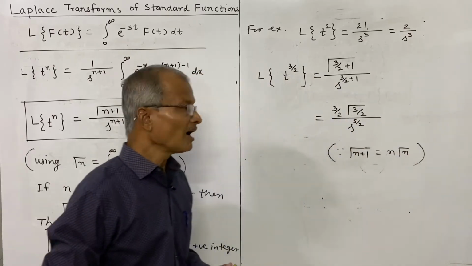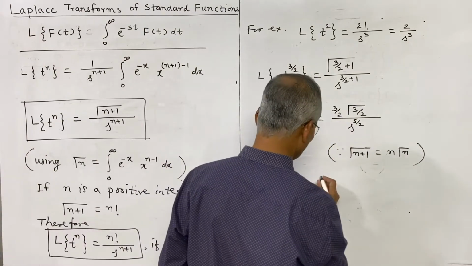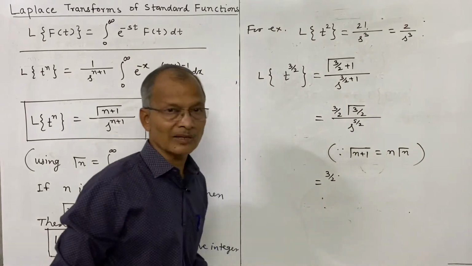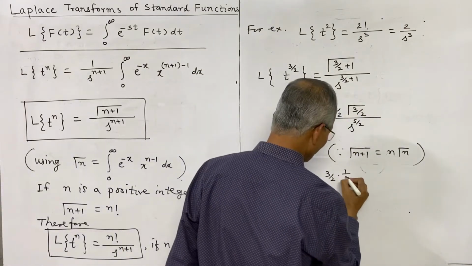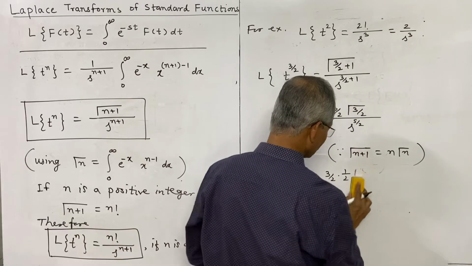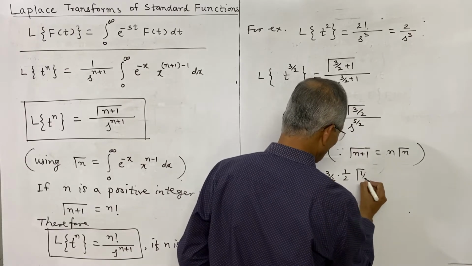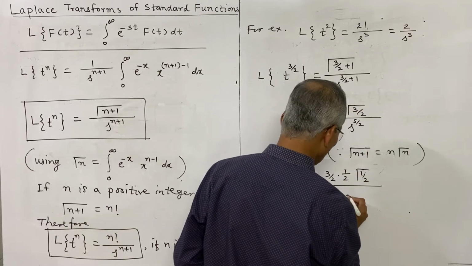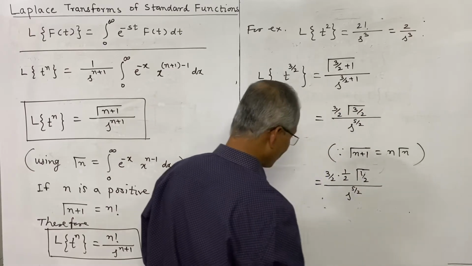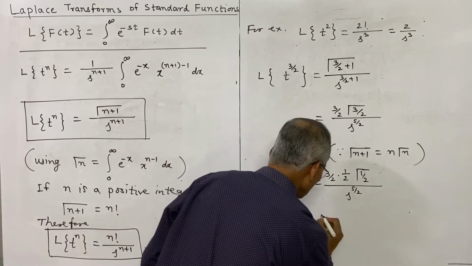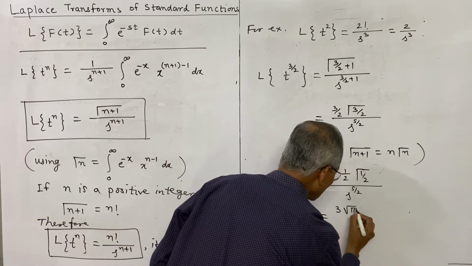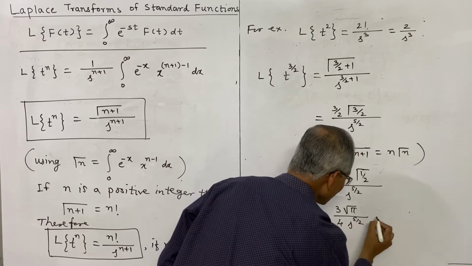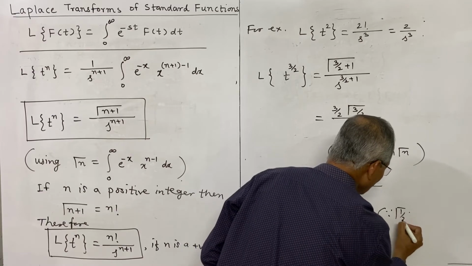This is the property, and therefore this can be further written as 3 by 2 into, subtract 1 from this, 3 by 2 minus 1 is half, into gamma of half, and again we know gamma half is root pi, divided by s to the power 5 by 2, or finally it can be written as 3 into root pi divided by 2 into 2 is 4, s to the power 5 by 2, since gamma half is equal to root pi.